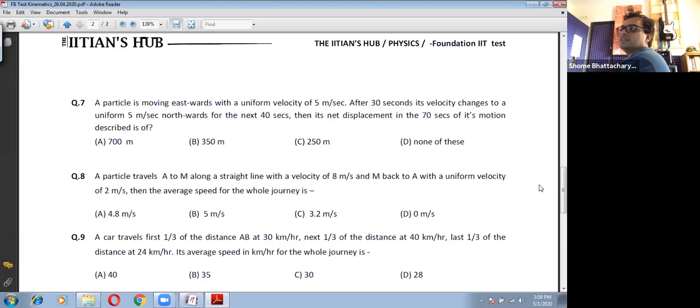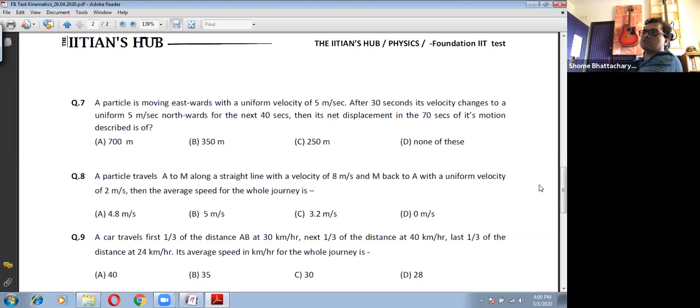He has gone for 30 seconds towards east at a speed of 5 meters per second. Then for the next 40 seconds, he has gone northward at a speed of 5 meters per second. And now you have to find the net displacement. So this is a very simple geometry based problem. You just draw the diagram and understand how his displacement is happening. He's first going towards the east, 5 into 30, so 150 meters towards the east.